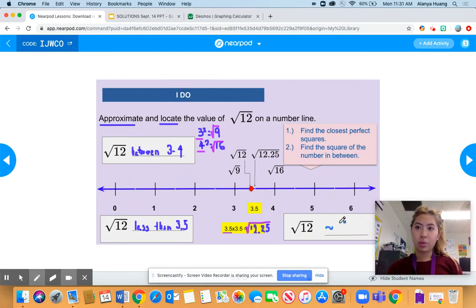So it's about 3.46. So on the number line, if this is 3.5, 3.46 would be this red dot right here. And that means that the square root of 12 would be represented by this dot.